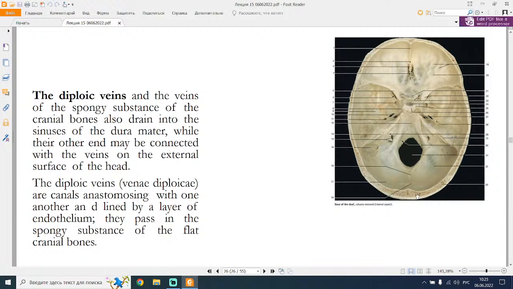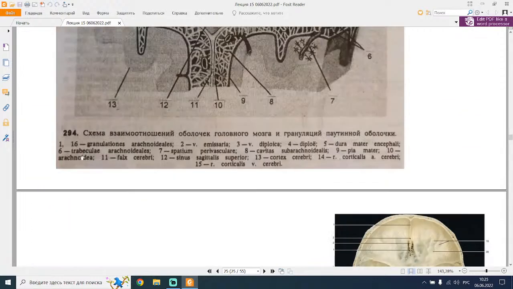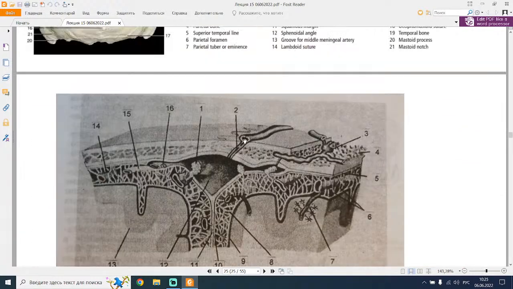Now you see the canals of the diploic veins. This is the vena emissaria, which connects the veins of the outer skin with the sinuses, and the diploic veins connect the veins within the bone.